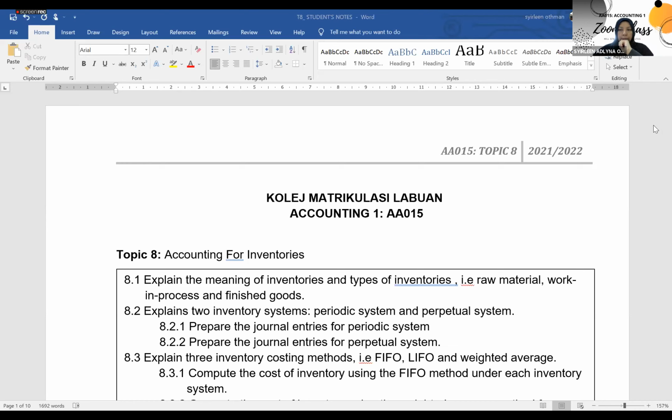I need you to do, baca soalan betul-betul lah untuk soalan ni, sebab you kena pastikan you know what system you are using and then you know what method you are using prior to the system selected lah. Kalau periodic macam mana buat FIFO dengan weighted average dia. Kalau perpetual you akan guna moving average and also the FIFO.